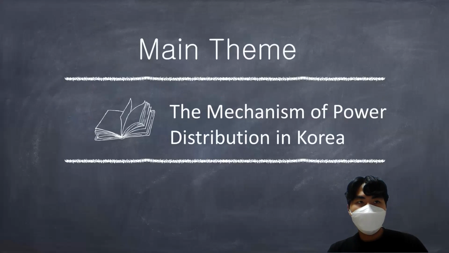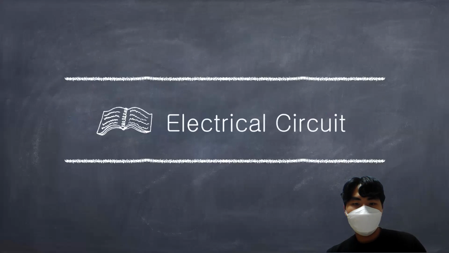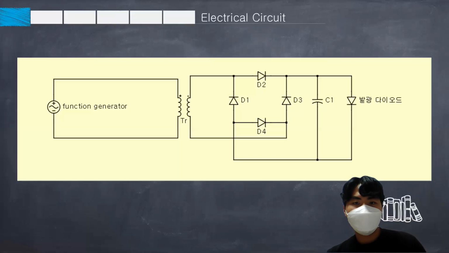The main theme for our capstone design was the mechanism of power distribution in South Korea. We made an electrical circuit. On the left, there's a generator, which generates electricity. By using a transformer, we were able to convert the electricity.